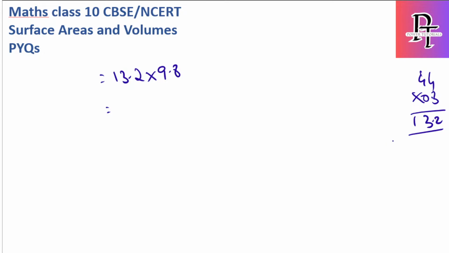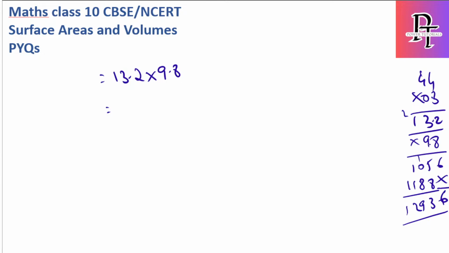So multiply these two as well: 13.2 into 98. The final answer has 2 decimal digits, so it becomes 129.36 centimeters square. Always the unit is also important, so make sure to write the unit properly.